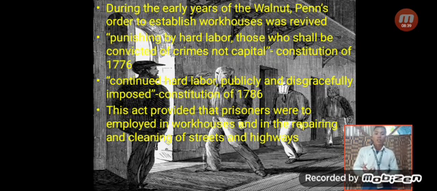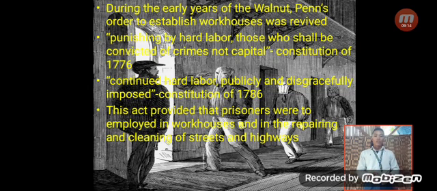So in 1773, the Walnut Street Jail was constructed in Philadelphia. During the early years of the Walnut Street Jail, Penn's order to establish workhouses was revived. The Constitution of 1776 directed the enactment of a law establishing houses of correction for punishing by hard labor those who shall be convicted of crimes not capital.